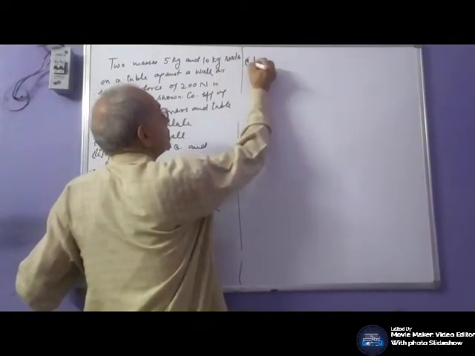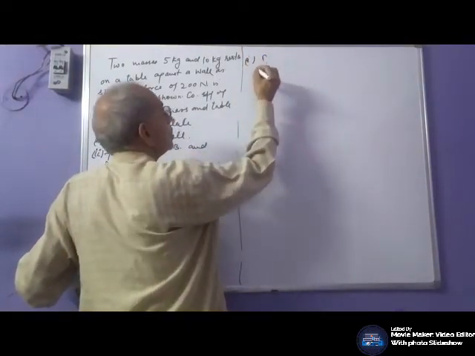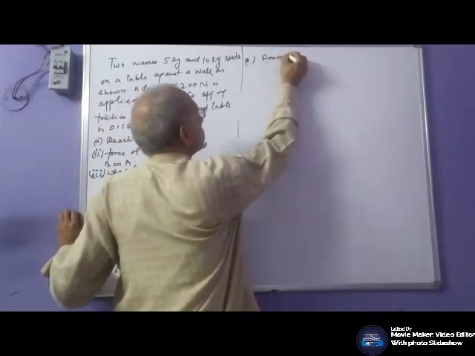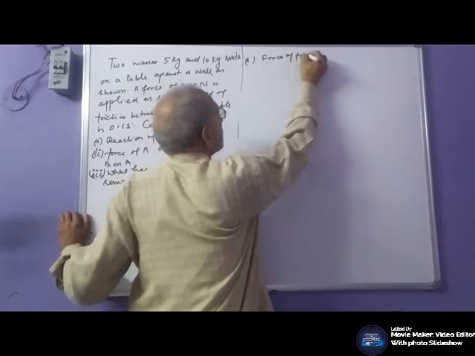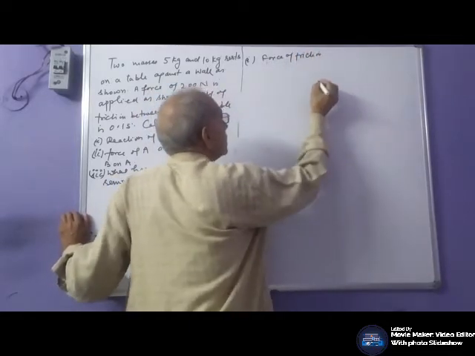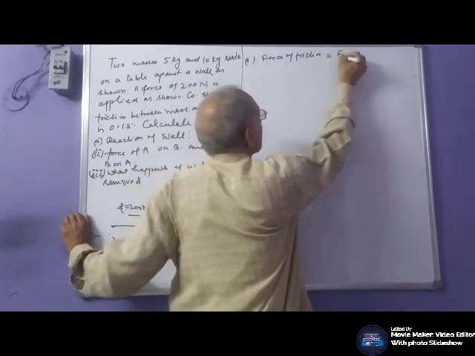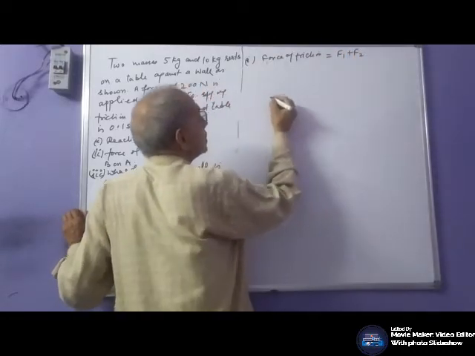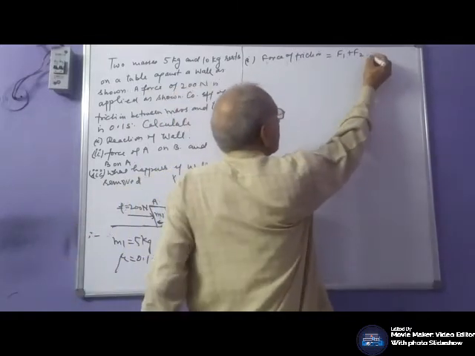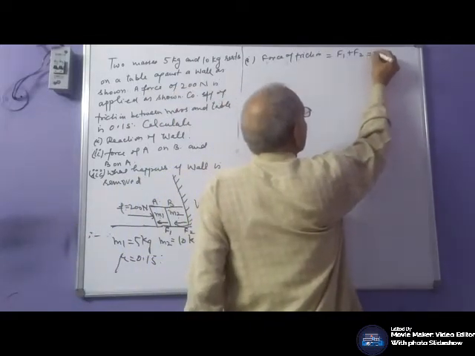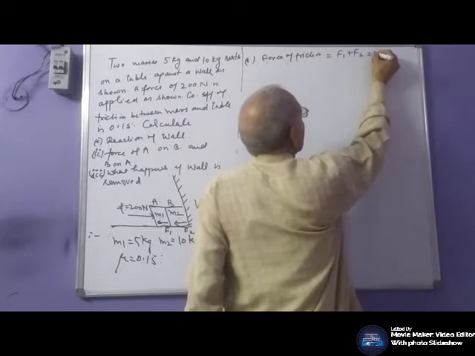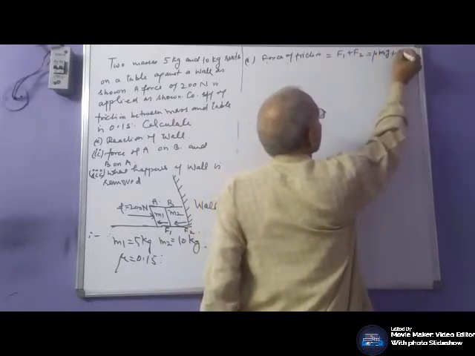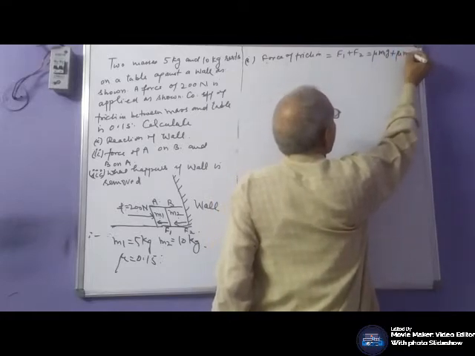First, force of friction, that is F1 plus F2, that is mu M1G plus mu M2G.